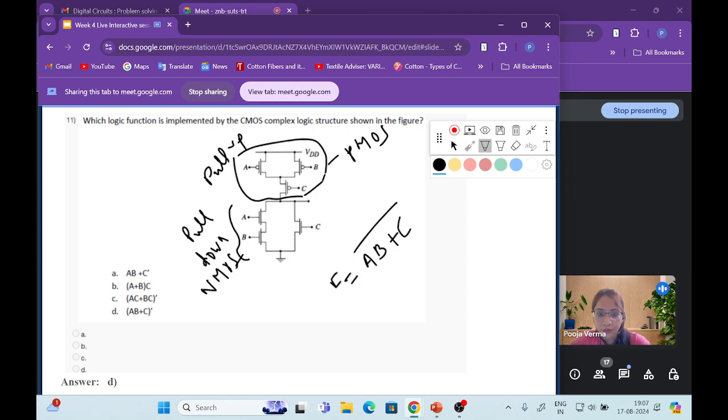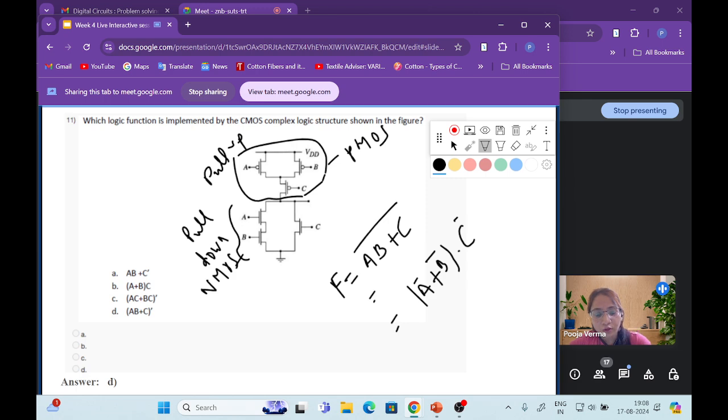and the output is in complemented form. So the overall expression for this network is (AB plus C) bar, calculated from the pull-down network. Now from the pull-up network: here A and B are connected in parallel, so that means A plus B, and in series with C. This is P type, so there will be a bar.